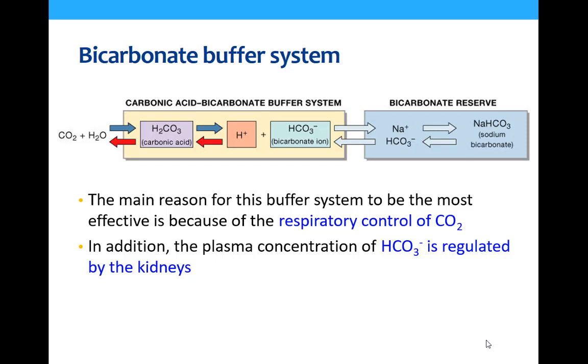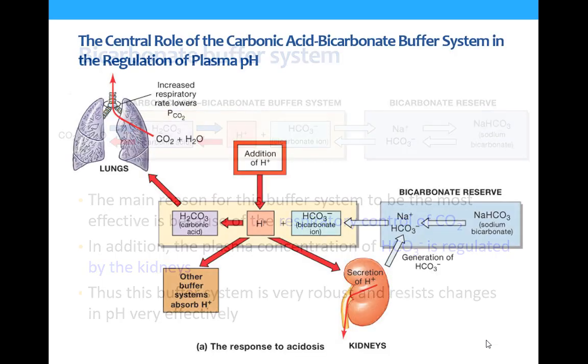It has a large amount of bicarbonate reserves, less carbonic acid, and both its members can be fine-tuned: the carbonic acid can be fine-tuned by lungs, the bicarbonate can be fine-tuned by kidneys. So kidneys and lungs can help maintain this buffer in its most functional form.